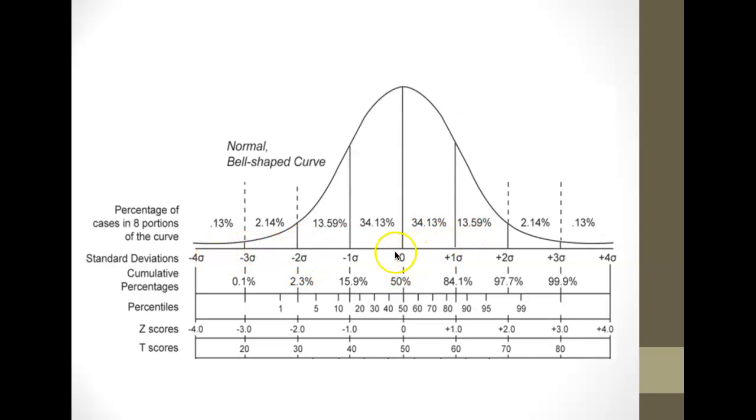If one of you scored at 1 standard deviation above the mean, that would be right here. Here you would have cumulative percentages. You would have scored better than 84% of the population.